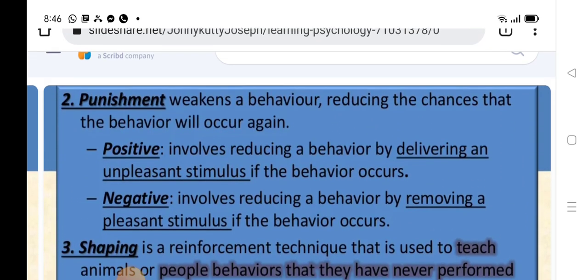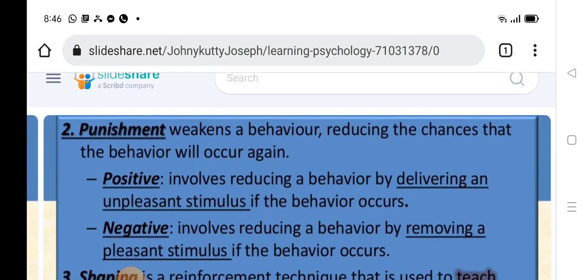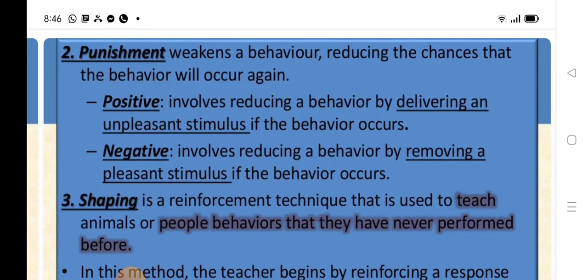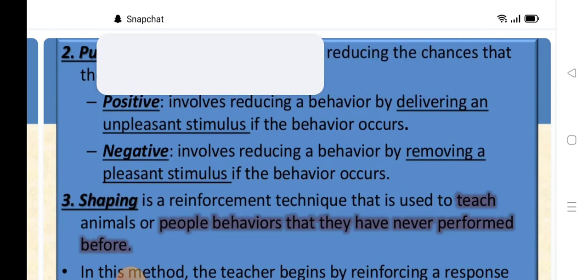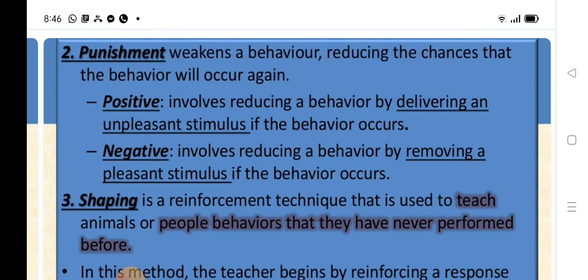So here I have something called punishment. Punishment weakens a behavior, reducing the chances that the behavior will occur again. We know positive involves reducing the behavior by delivering an unpleasant stimulus if the behavior occurs.